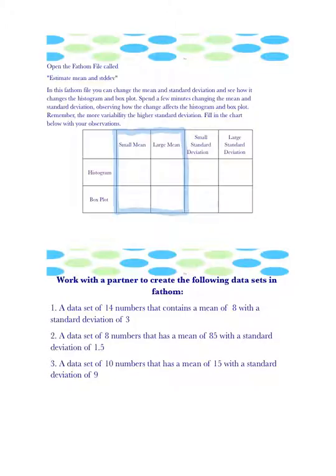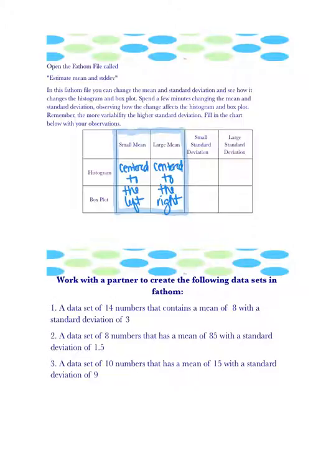So hopefully you saw that whenever you have a small mean, the histogram and the box plot, they both are centered to the left. So a small mean pushed the center to the left, whereas a large mean took it and centered the display to the right. And this happened both in the histogram and the box plot.